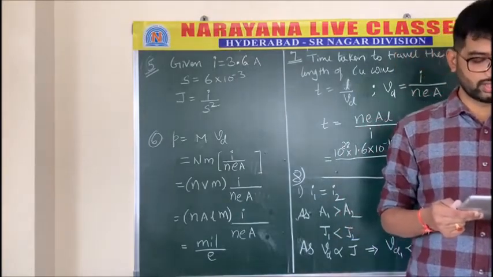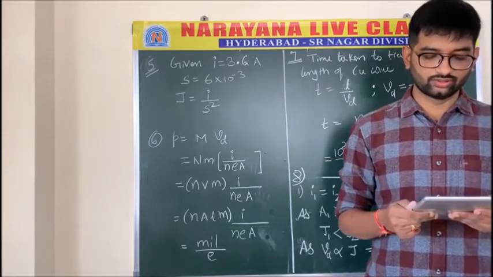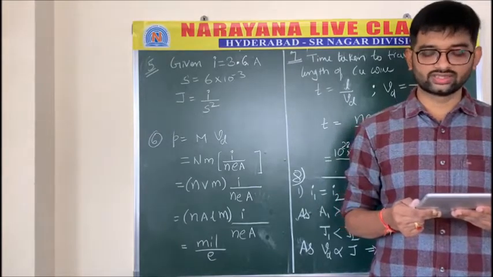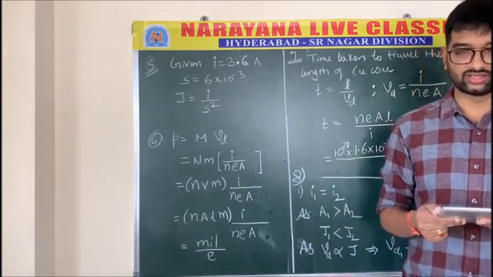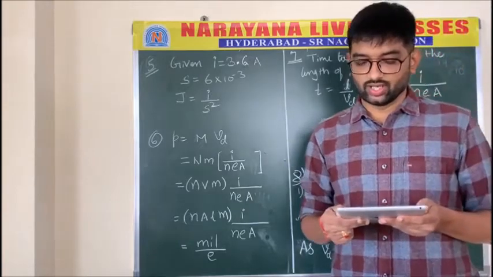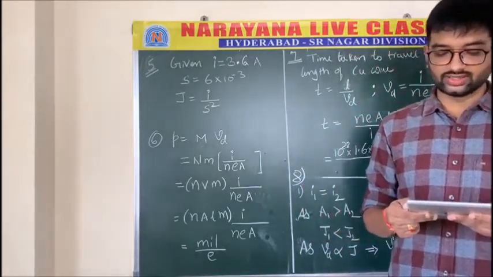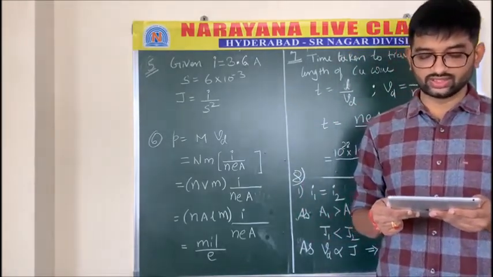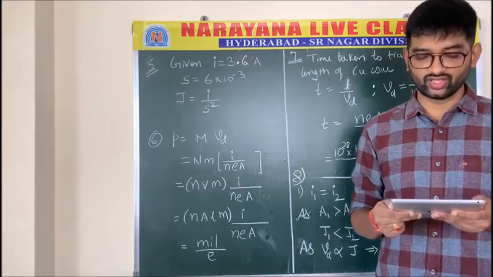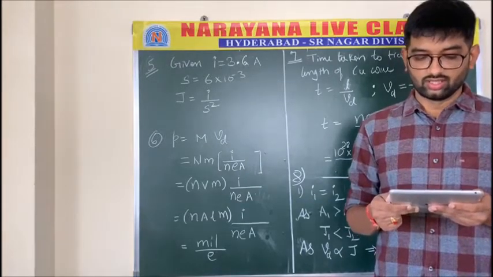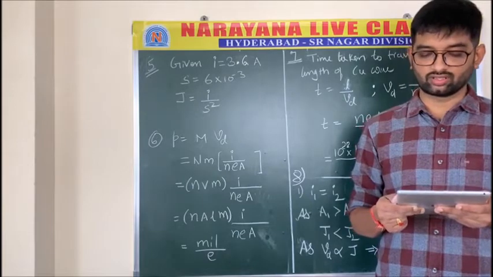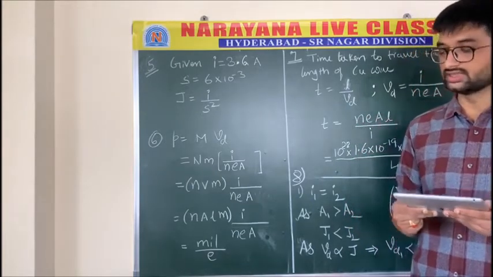Question number 5. A copper wire has a cross section of 6 mm on a side. So the length of the side is given. The wire is 10 meter long and carries a current of 3.6 amperes. The density of free electrons is 8.5 into 10 to the power of 28 per meter cube. Find the magnitude of current density.